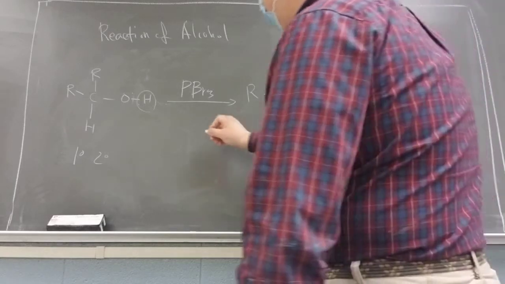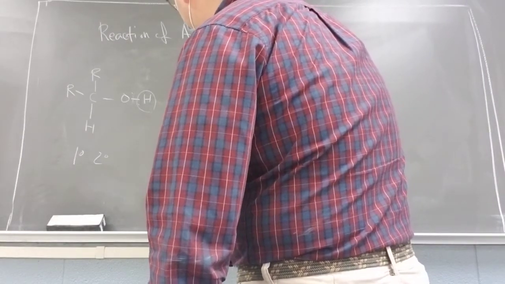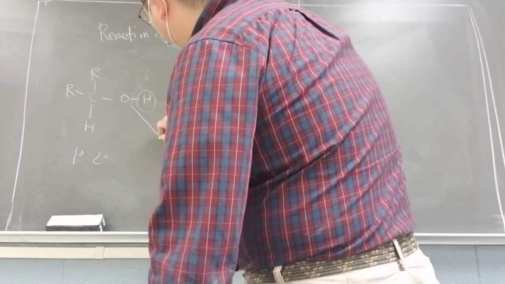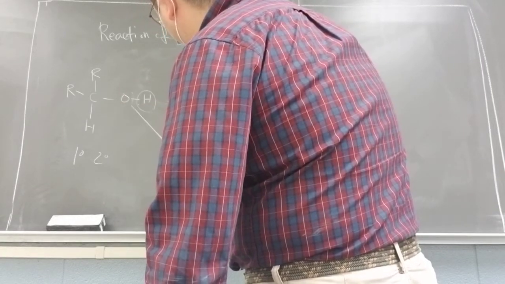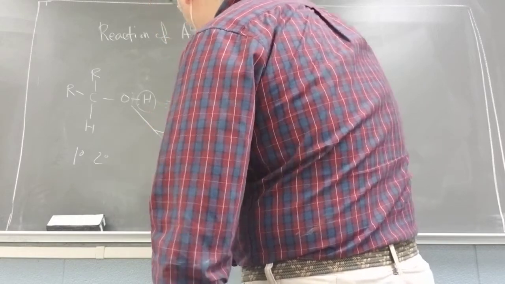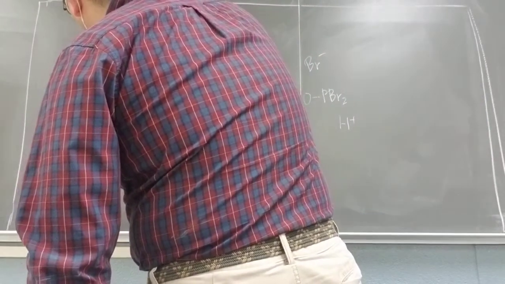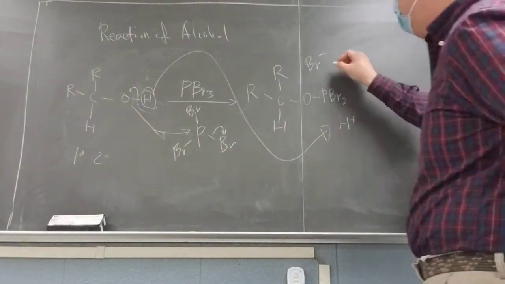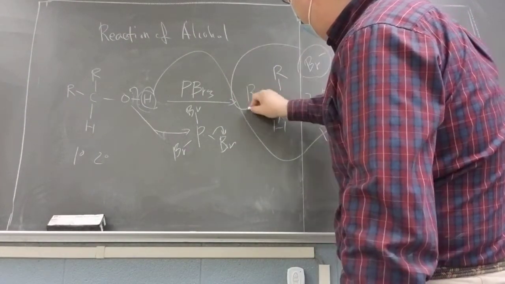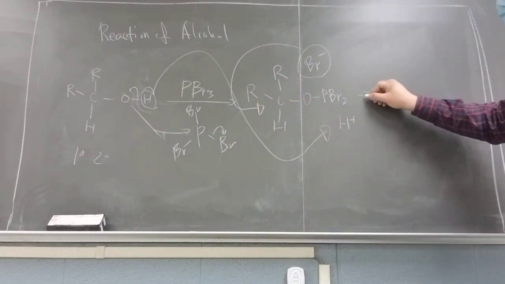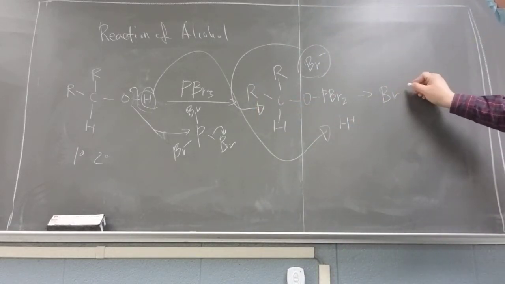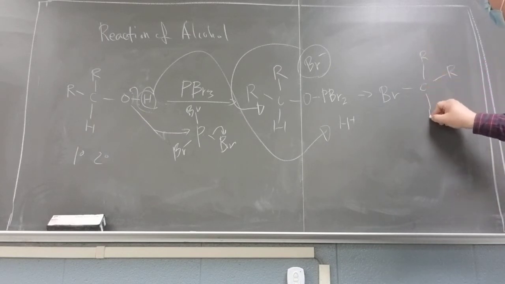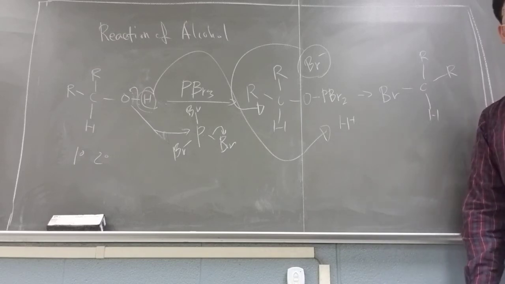Then it'll leave here, and this goes to here, and so forth. In this case, it will also attack from the back, so you're actually going to have inversion of stereochemistry, which is also SN2.